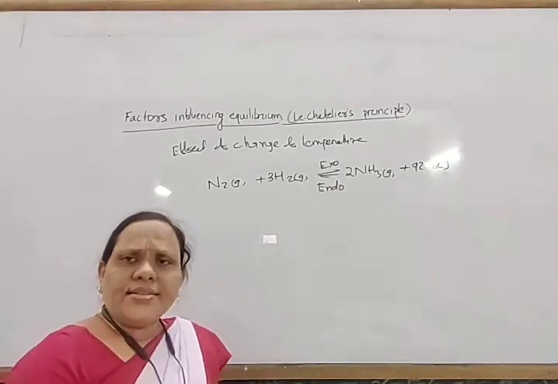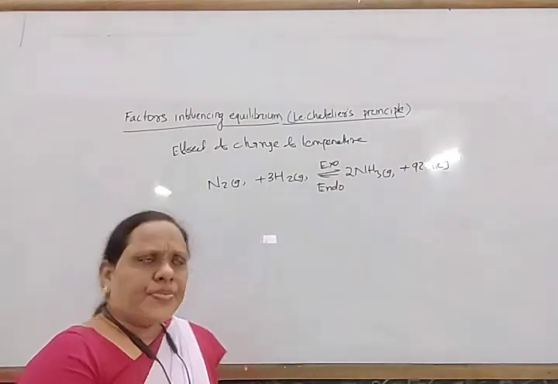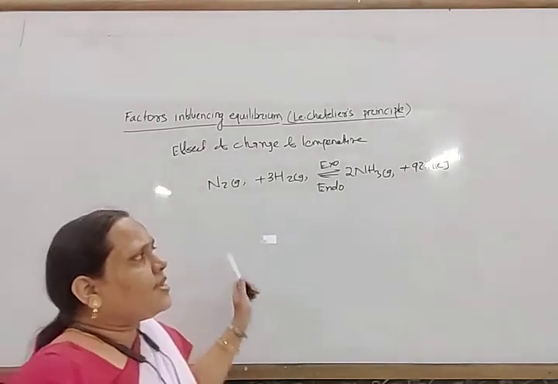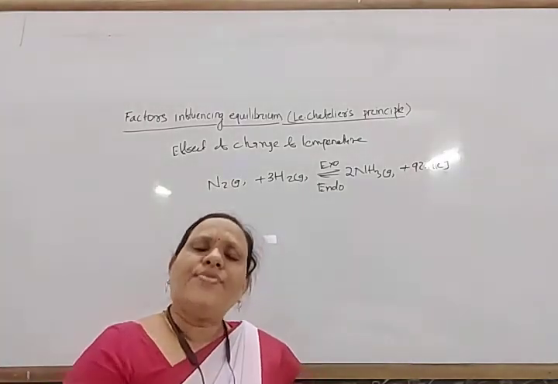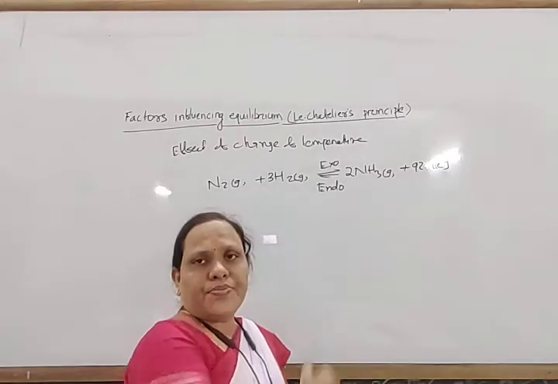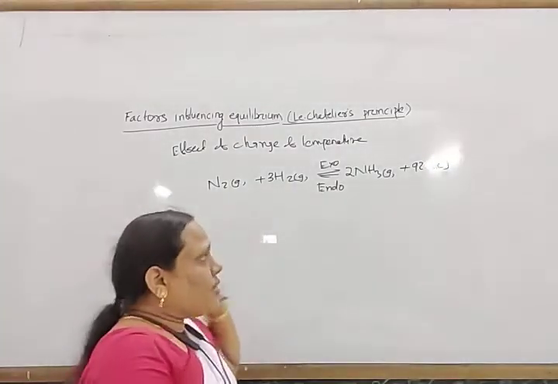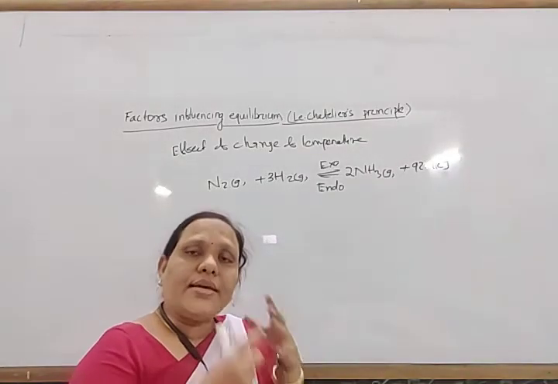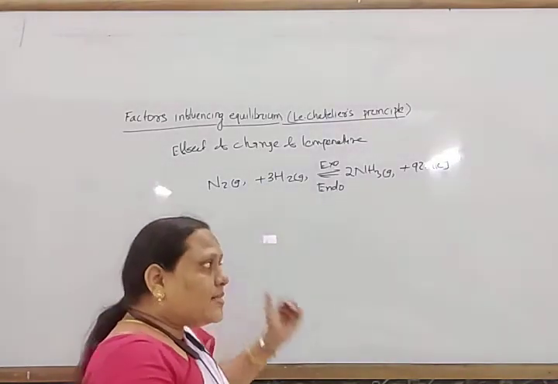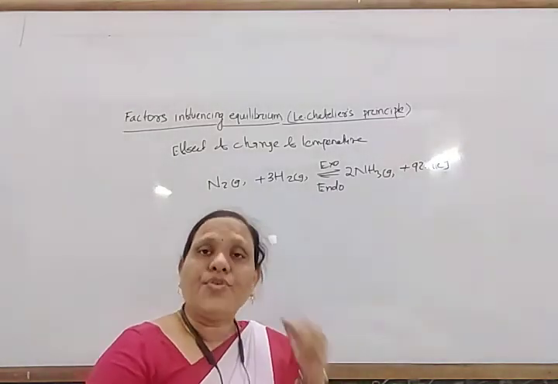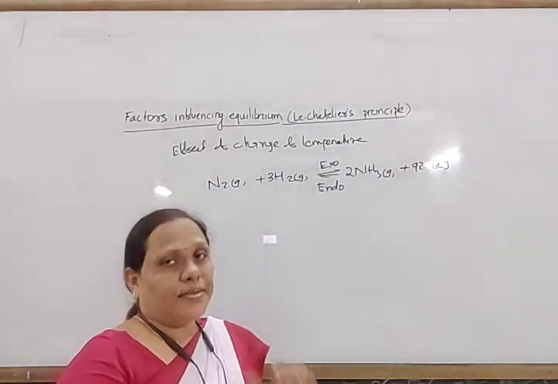So if you increase the temperature of the system, the equilibrium will shift in that direction where heat is absorbed. By changing the temperature, the equilibrium shifts in the direction where heat energy is absorbed.